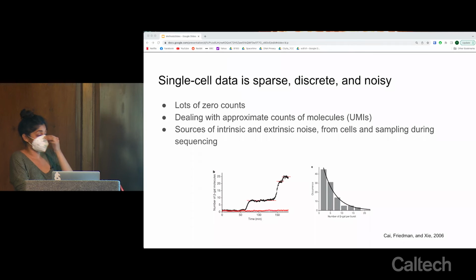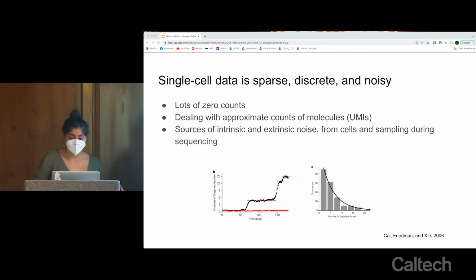And this is something we've also talked about with technical versus biological noise. There are a lot of sources of intrinsic and extrinsic noise, which may be important depending on what it is you're trying to model. These pictures are from Long Cai's paper from Caltech, from 2006. What they're looking at here, over time, is the production of beta-galactosidase, I think, and it happens in bursts.